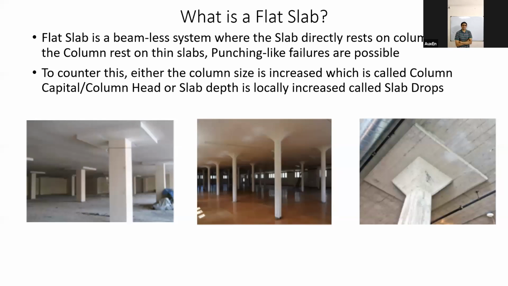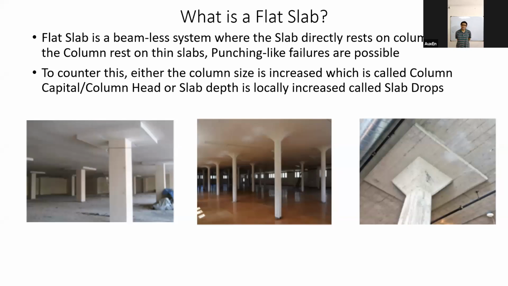So, what are the possible strategies to counter the punching effect in a flat slab? The strategies that are possible are either we provide a very big column, this is one strategy, or the second strategy is to provide a very thick slab. These are the two broad strategies that we have in front of us.